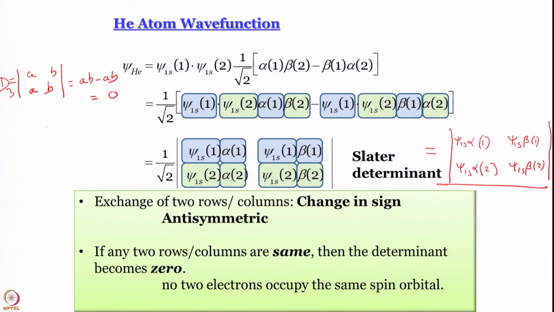Psi 1s alpha 1, psi 1s alpha 2, and the other one will be psi 1s beta 1, psi 1s beta 2 simultaneously. Okay. So, you try and do that, you will get a 0 determinant.